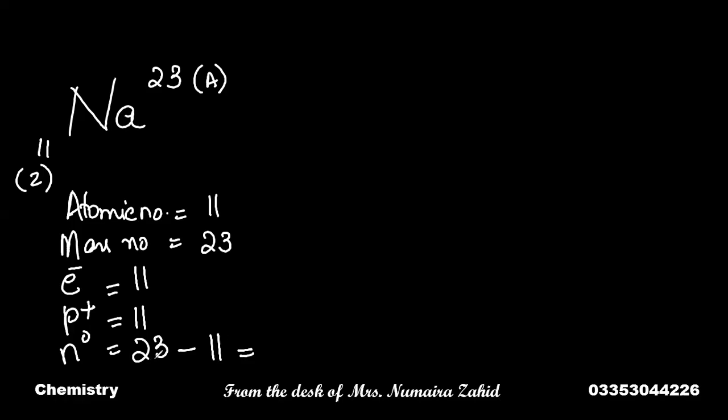Subtracting 11 from 23 gives 12 neutrons. So in this way, we find there are 12 neutrons in sodium.